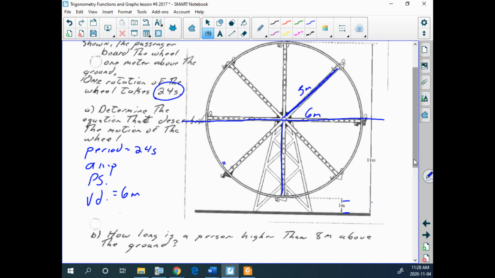What's the maximum displacement that he gets from the vertical displacement? What's the maximum he's going to be above and below that line? He's going to be 5 meters below at the lowest point. He's going to be 5 meters above at the highest point. What does that give us?